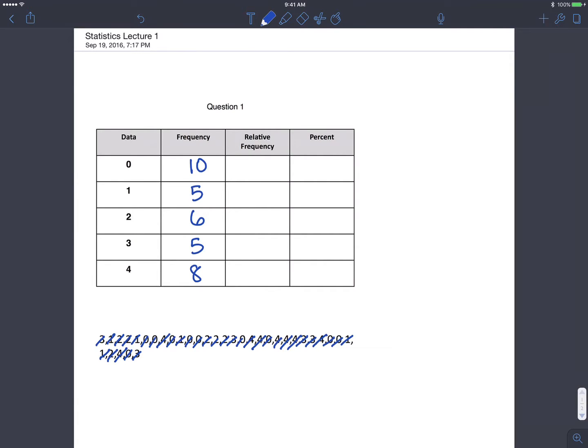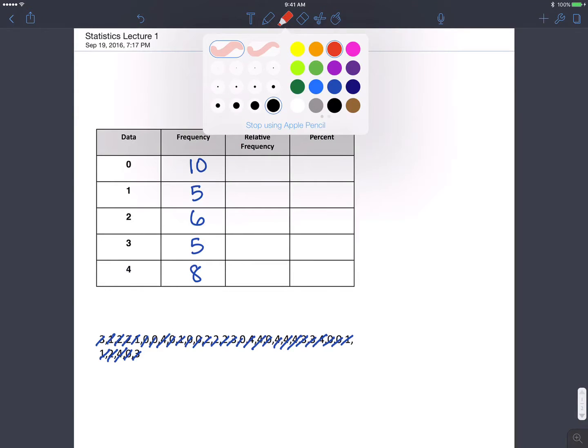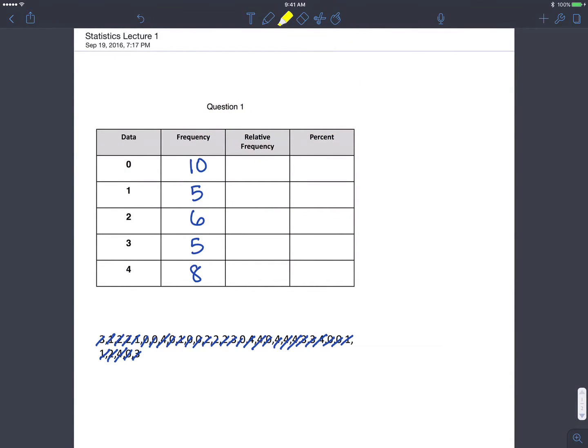So 8 students say they drank 4 cups of coffee. Now let's double check that data value 2 here, and we say 1, 2, 3, 4, 5. Sure enough, that's 6. If we scan through this, we're going to find that every data value here is accounted for.